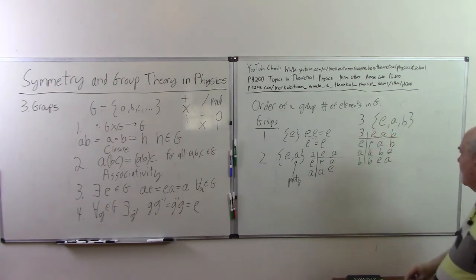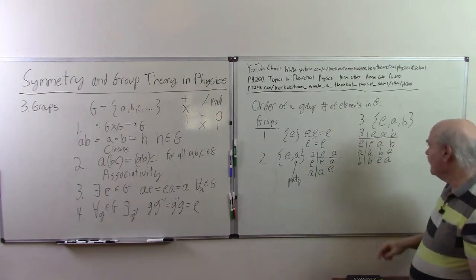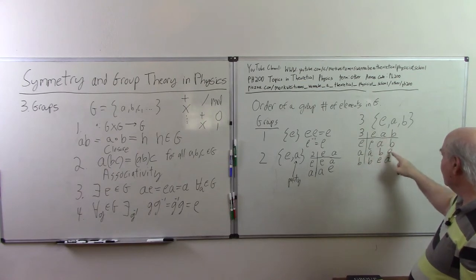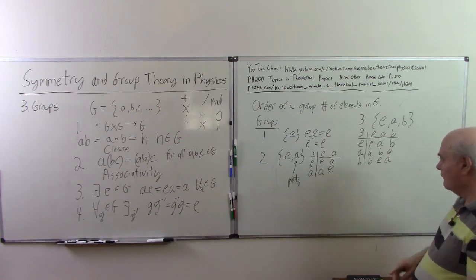And one more time, you can see by looking at this group that it's commutative. For instance, AB is E and BA is E. And if you look at any possibility, you'll see that this group is commutative.